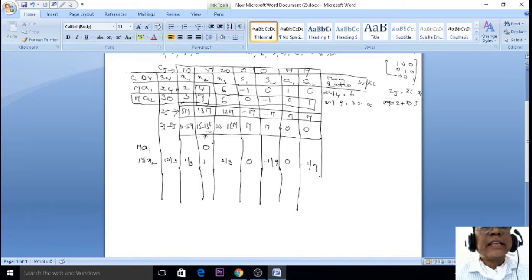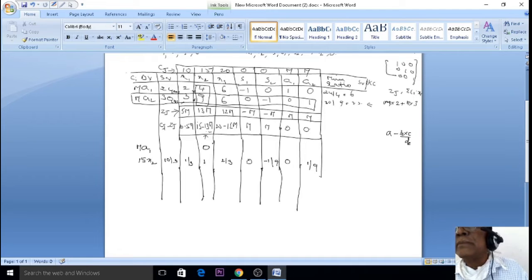Next, apply our conditions. A, B, A straight, C, and the intersecting one is D. What is the logical formula? A minus B into C by D. Now A here is 24 minus B 30 into C 4 by 9.